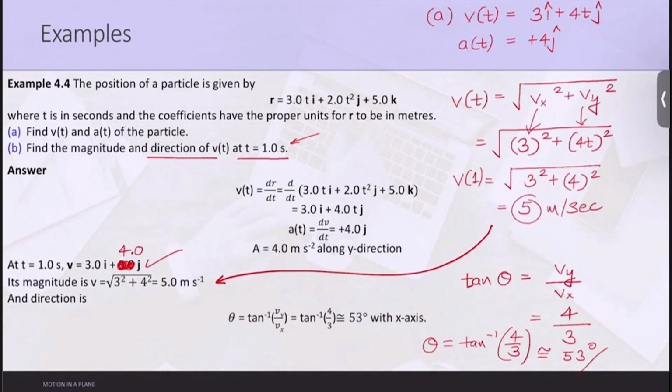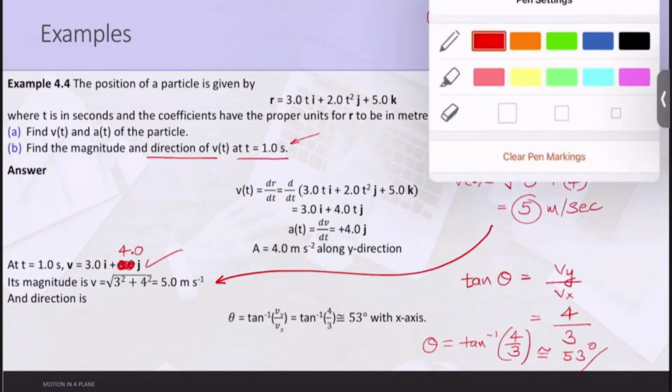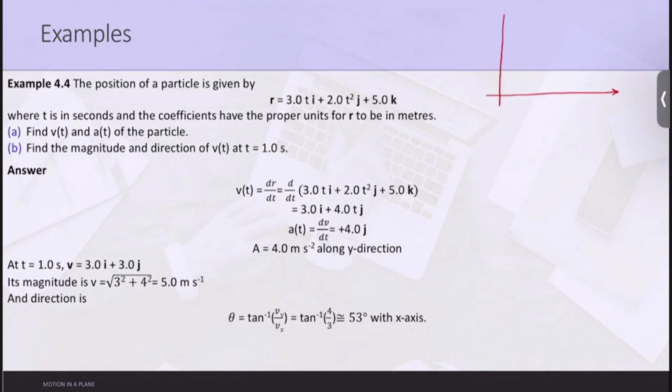Let us suppose I make a graph for this also. Let us say this is your velocity v. If you drop the perpendiculars from here, you will get this is vx, this is vy, correct?